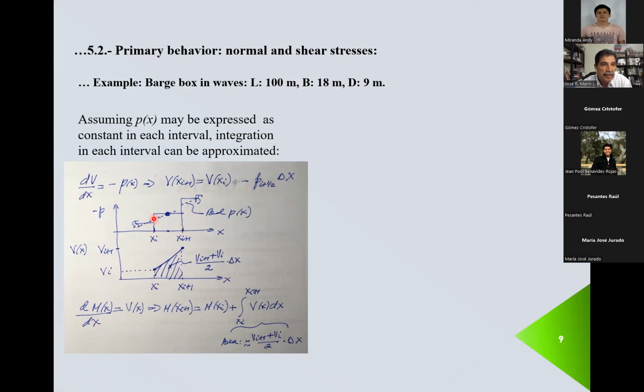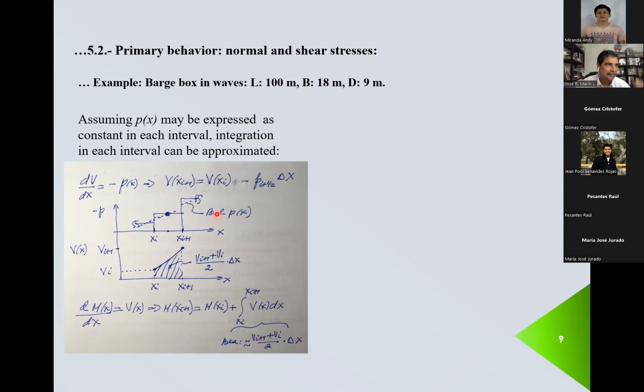In this case, for example, we can assume that the loading follows a step type distribution. That's typical because of the influence of the weight. The weight is constant in a certain area, then changes. Now, you can say that the buoyancy distribution changes continuously.